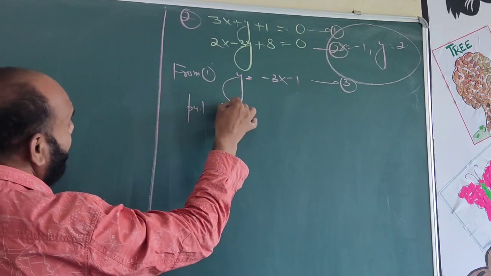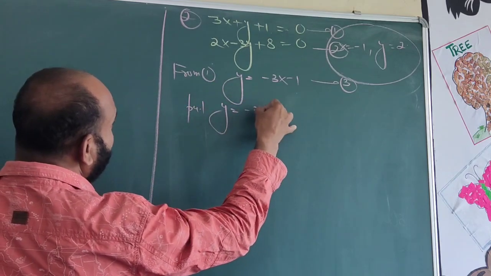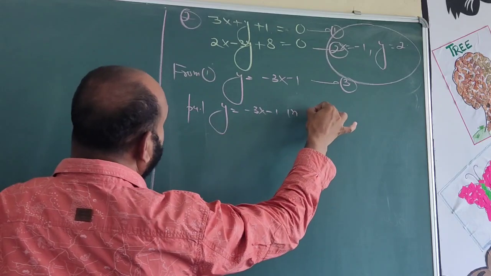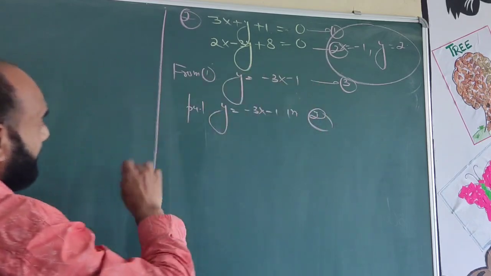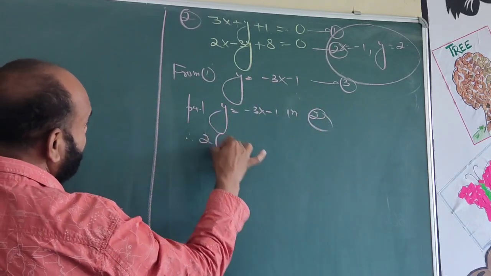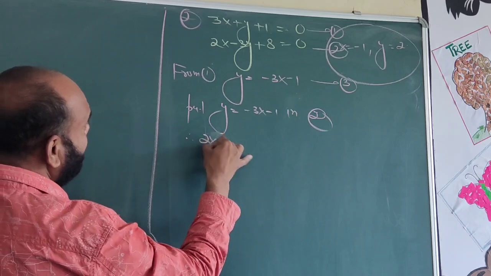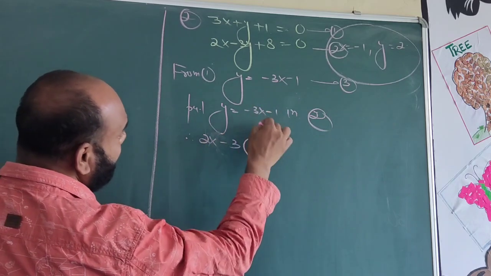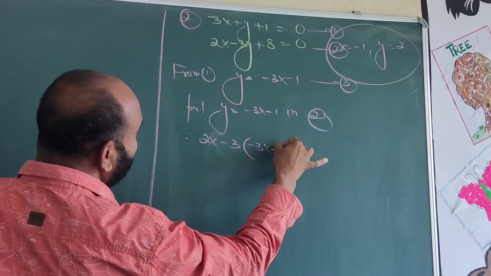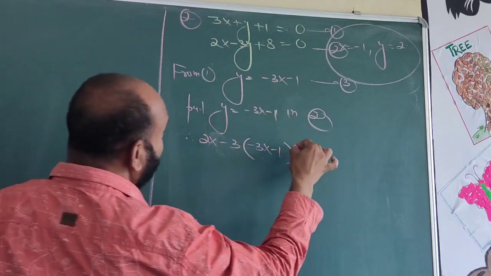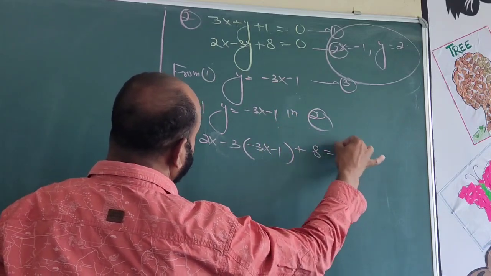Now put y equal to -3x - 1 in equation number 2. So we have 2x - 3 times (-3x - 1) + 8 equal to 0.